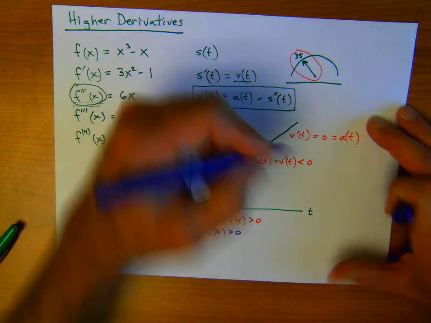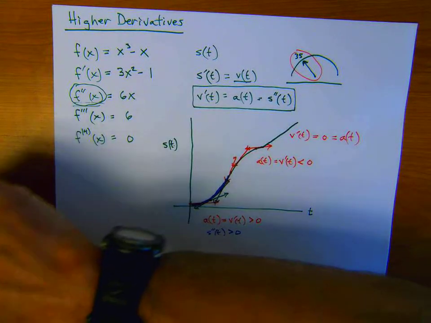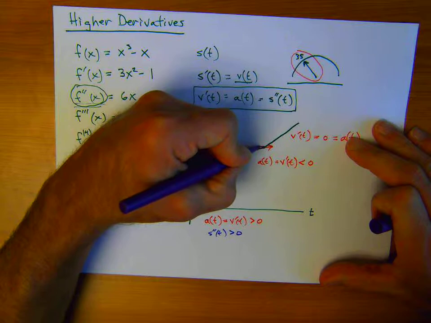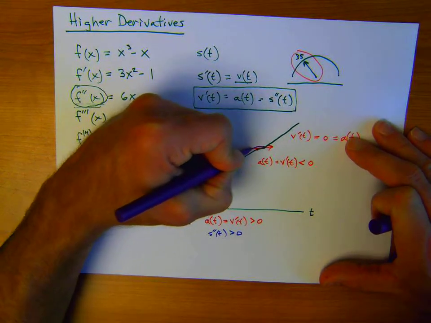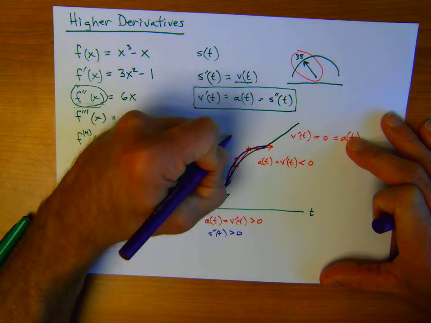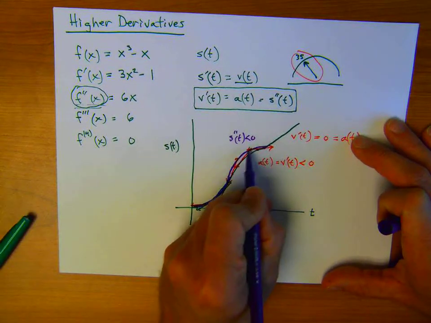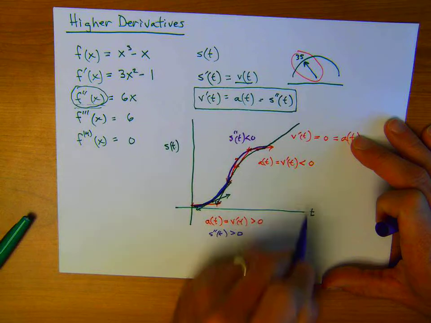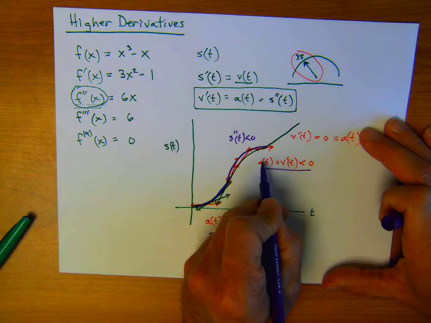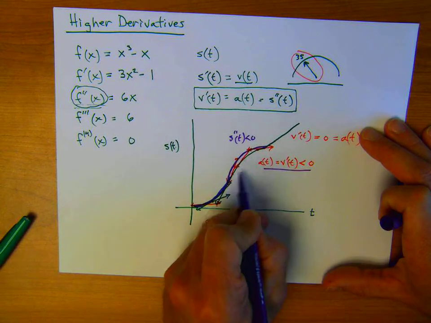And then along here, where it's shaped like this, we would say that the second derivative is negative. This is concave down. Notice that this wouldn't hold water. This would dump the water out. So acceleration, or the second derivative, is negative.